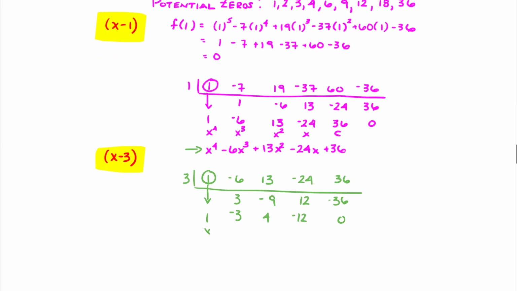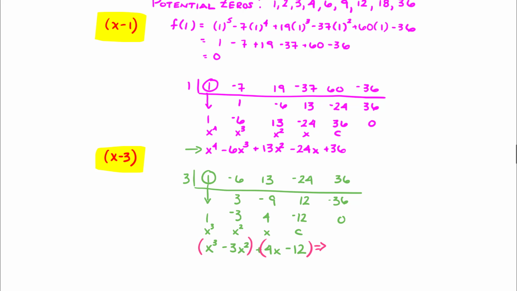So now we have a new depressed equation. We started with a 4th degree, so now we're down to a 3rd degree. So we get x cubed minus 3x squared plus 4x minus 12. And what's nice about this, yes, it is a cubic function, but if you pay attention, you can notice that this does factor by grouping. So we can actually group these terms and do our factoring.